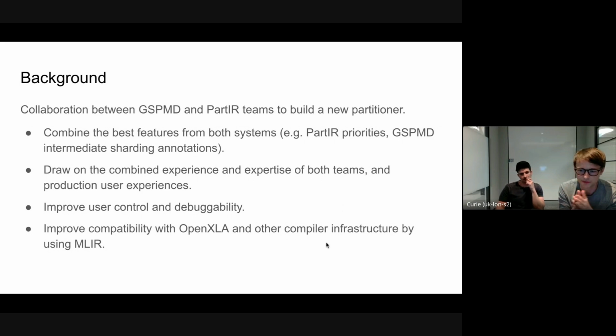This project is developed in MLIR, and it will be open source as part of OpenXLA. Being in MLIR makes it compatible with what a lot of you are doing, and also makes it easier to build other compiler infrastructure around it. And we're curious to hear your feedback.